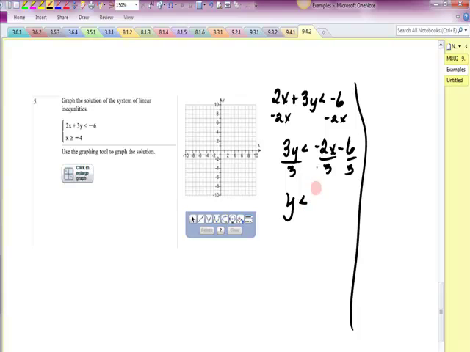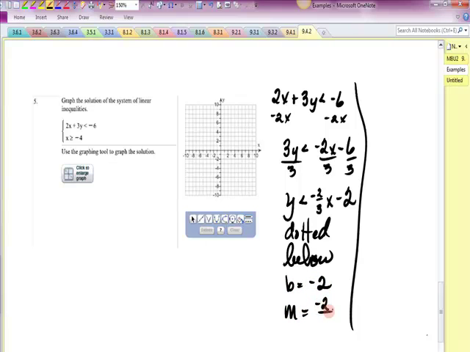Y is less than negative 2/3 x minus 2. Because of this symbol, I know that it's going to be dotted. I know it's going to be below. And the b value is negative 2. The slope is negative 2 over 3, which is down 2, right 3.